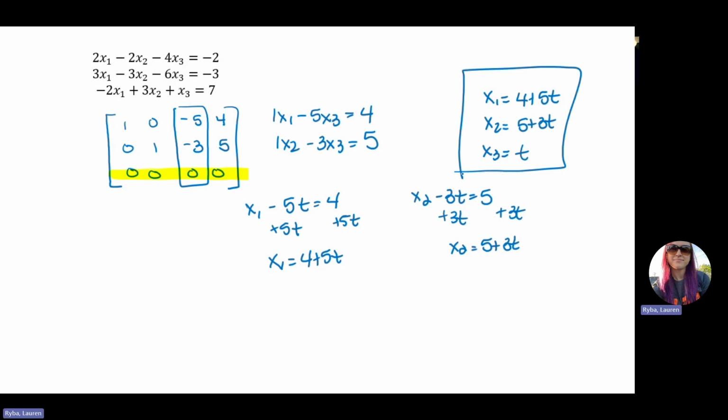So this has infinitely many solutions based on whatever I plug in here for x3. If I plug in 1, it's going to give me a different answer than if I plug in 5 or -0.5 or -6.35. That's going to give me all the potential solutions along the way.